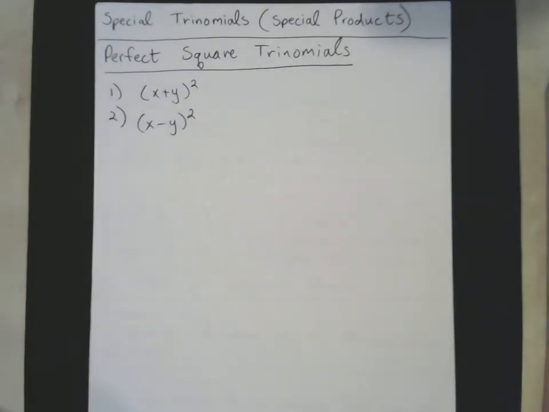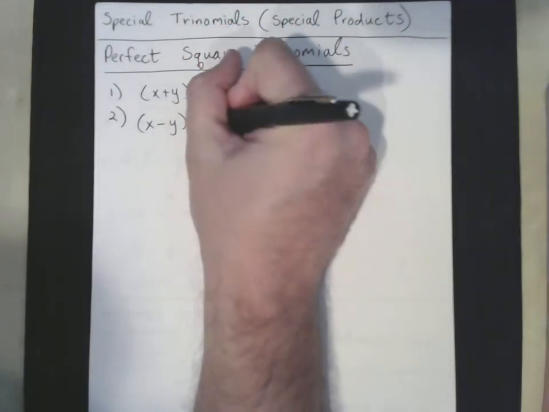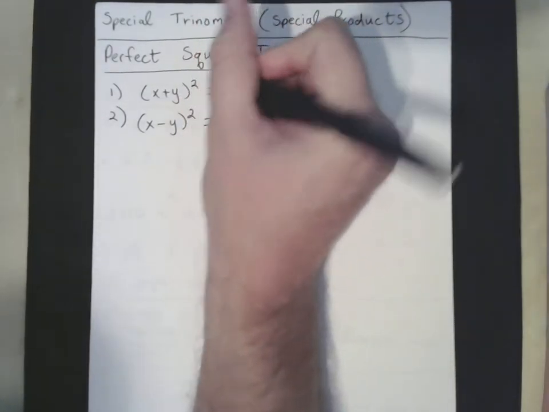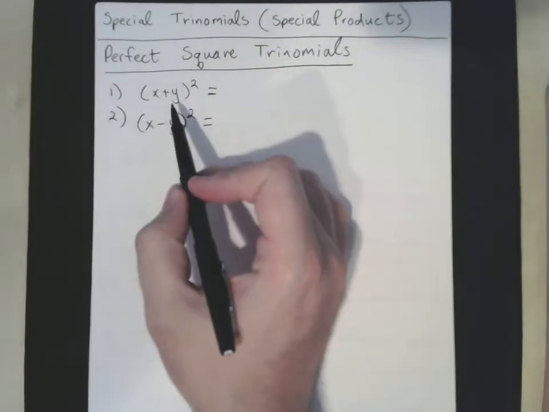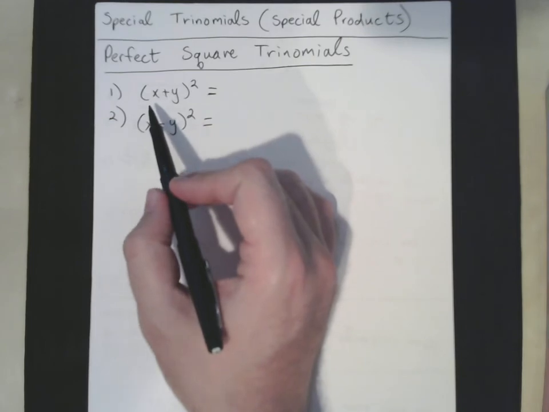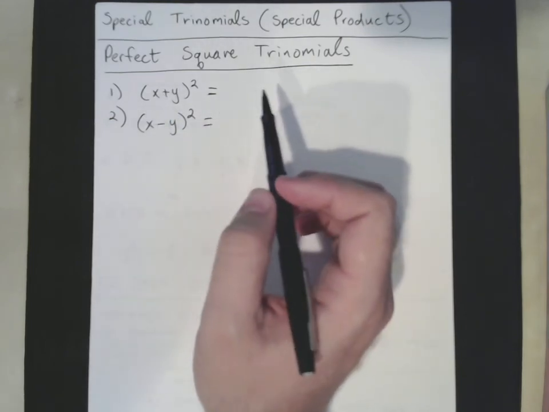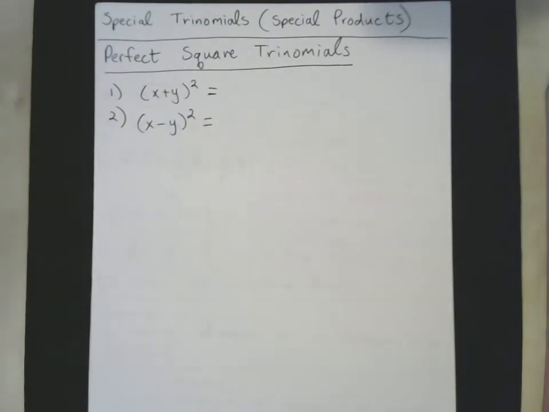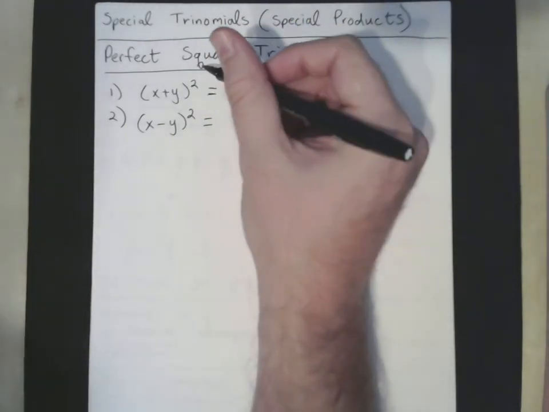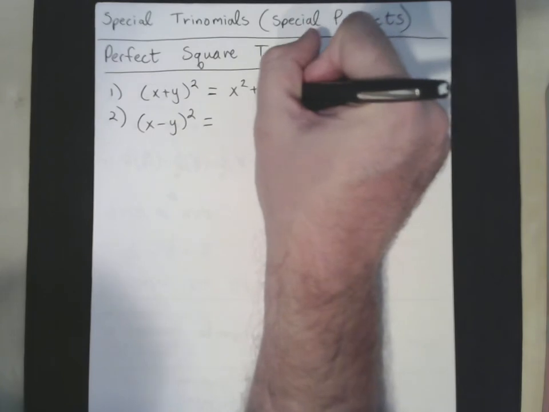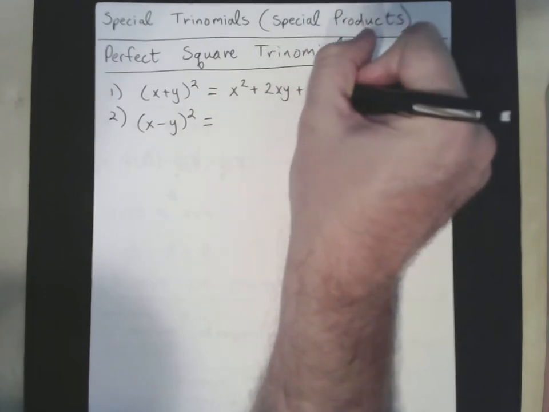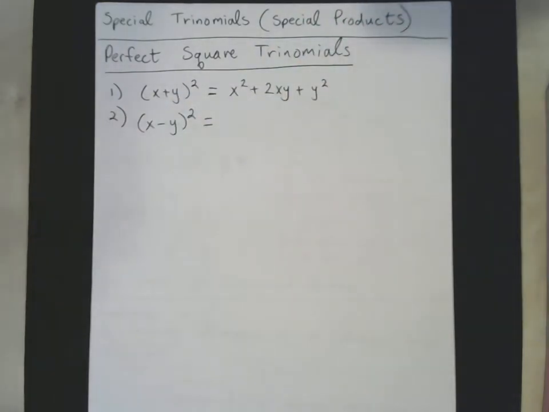Why we call them trinomials is because of their expansion. So you can think of this as two things. It's the special expansion of this product, or it's the special factorizations of the trinomials I'm about to write here. So x plus y quantity squared is equal to x squared plus 2xy plus y squared.